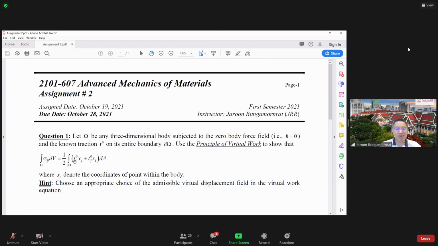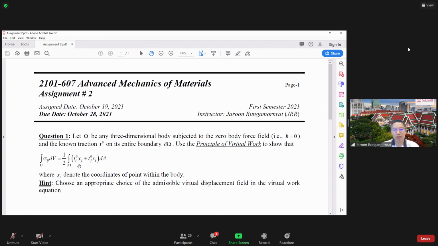We have Ti0 multiplied by 1/2 and xj. The index here is j, not i, so you have to think about how to play around with that index. You don't have the body force field here, so the term associated with body force disappears. This is the term associated with the traction applied on the boundary.